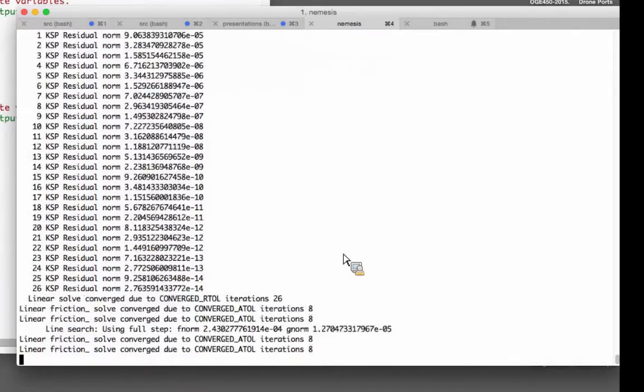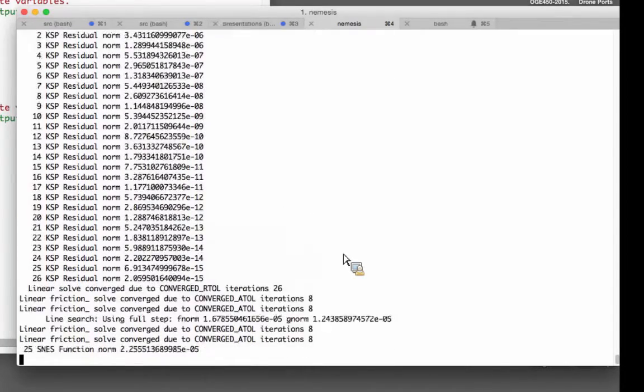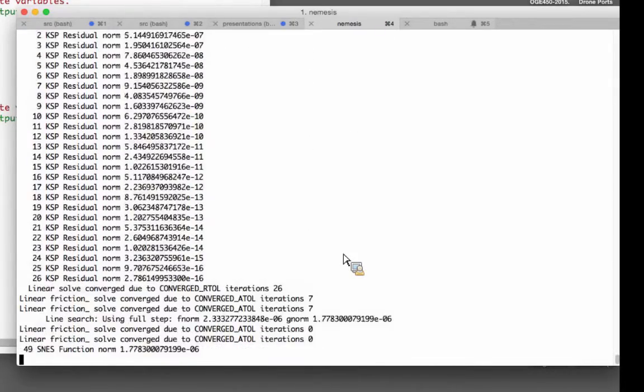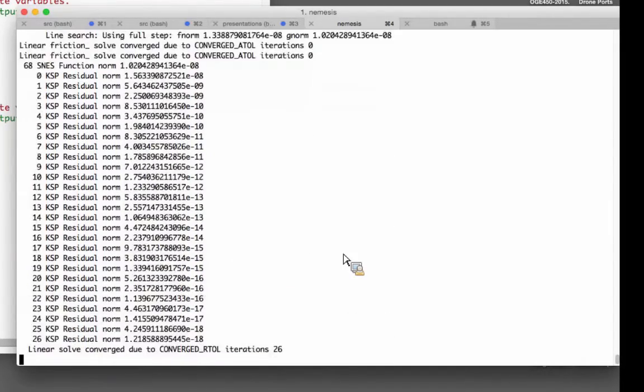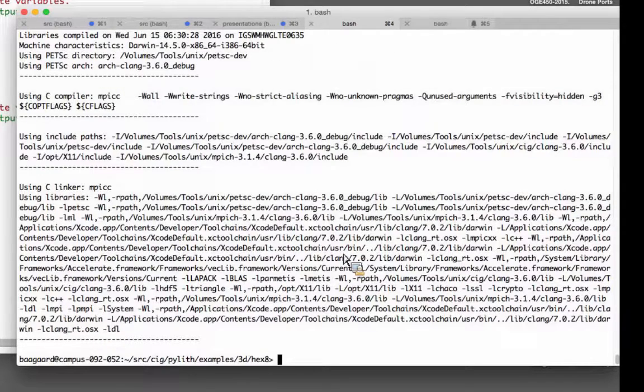How does PyLith calculate slip? So PyLith at each time step does that initial solve assuming the fault is locked, and then on the first nonlinear iteration we solve for the Lagrange multipliers. The Lagrange multipliers tell us what the tractions are on the fault.